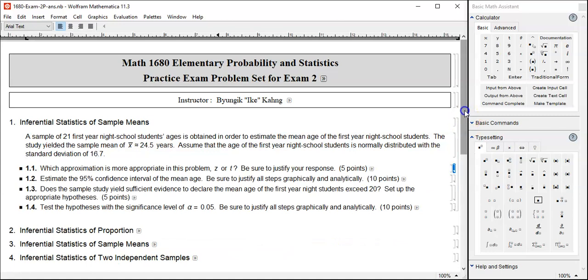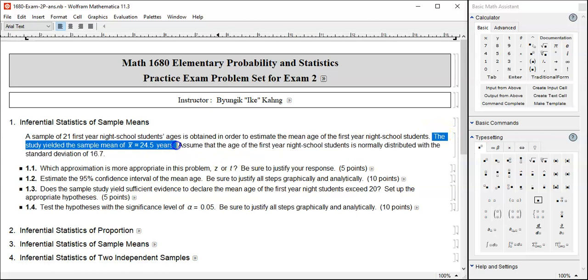Here, the population standard deviation is given as 16.7. How can you tell? Well, where is it located? Is this 16.7 located with the same sentence as the sample? Let's read through. The study yielded a sample mean of 24.5 years.